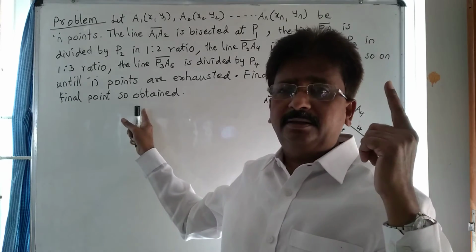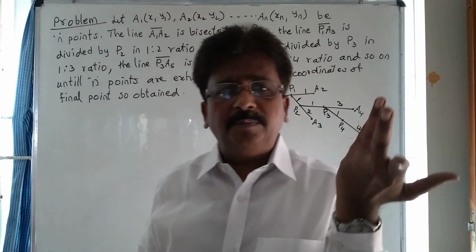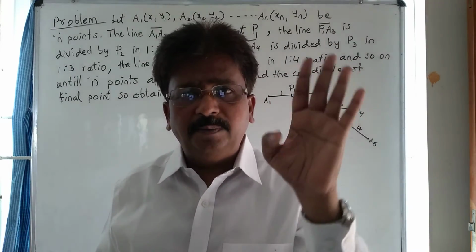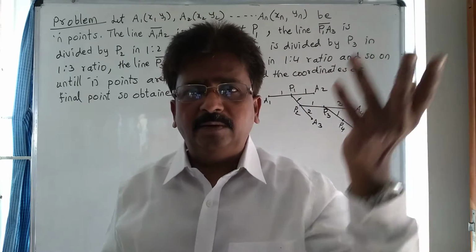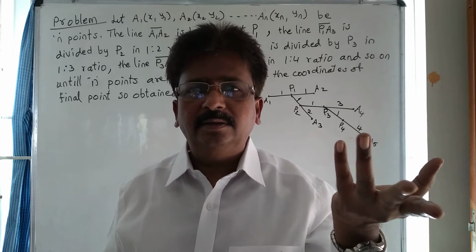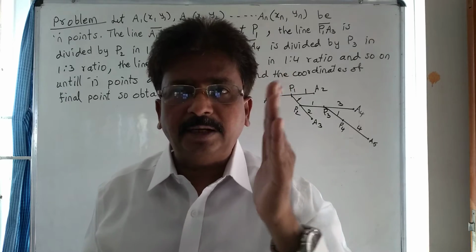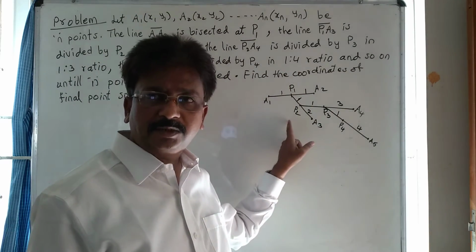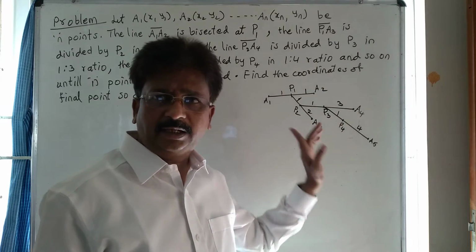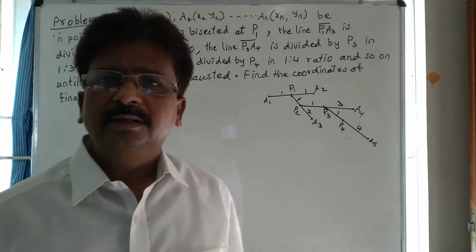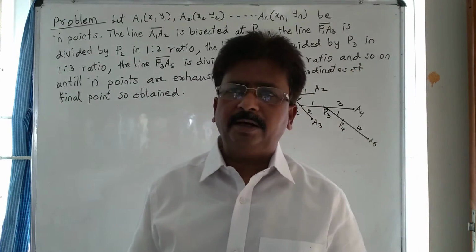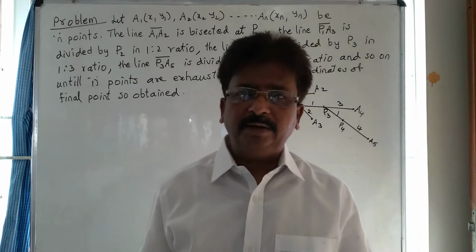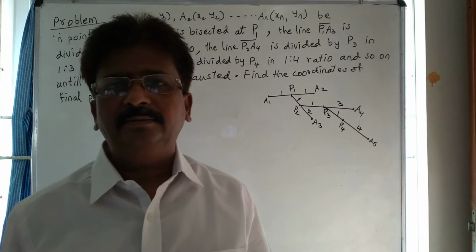We have to find the coordinates of the final point, but we must decide the final point's number: P4, P5, P10 or P11, which one? This is P1, the first dividing point, P2 the second, P3 the third, P4 the fourth. Now, what is the final dividing point?